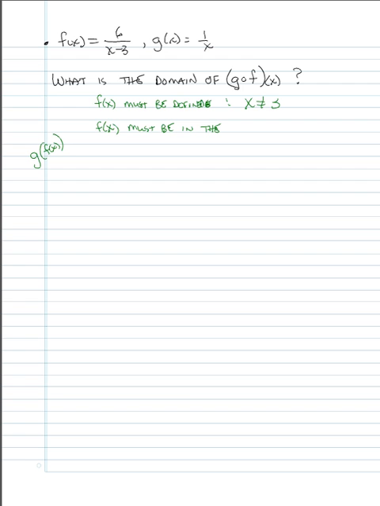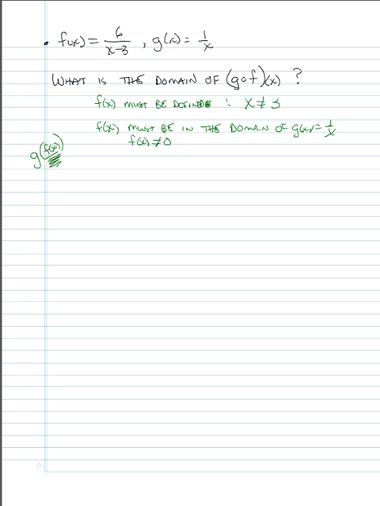So we have to use x's where f of x makes sense, and then we have to use x's where f of x will go into g, that f of x is in the domain of g. So f of x must be in the domain of g of x, which is 1 over x. In other words, f of x cannot be 0. Otherwise, it wouldn't make sense when we put it into g over here.